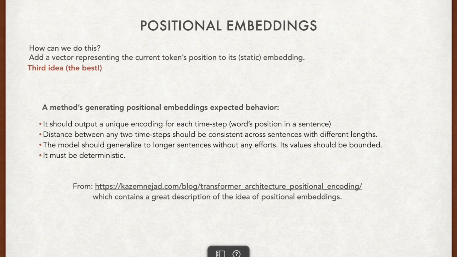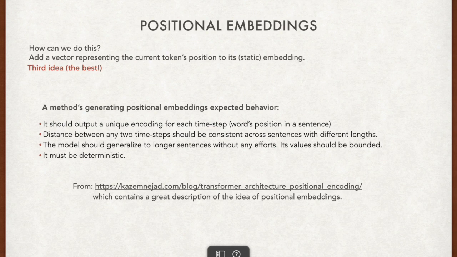The authors of Transformer utilized the same idea of adding the positional representation to a given static word embedding. However, now those positional embeddings are generated in a, let's say, more advanced way. A way that allowed us to meet the following criteria that are listed on a website presented on this slide, which contains a great description of the idea of positional embeddings used in Transformer.